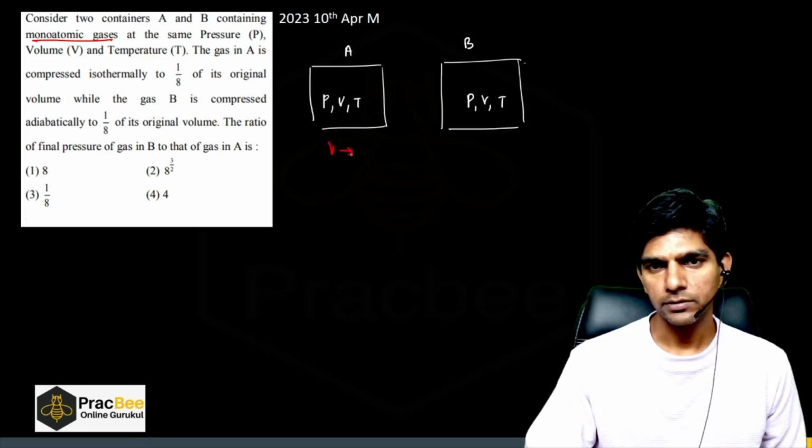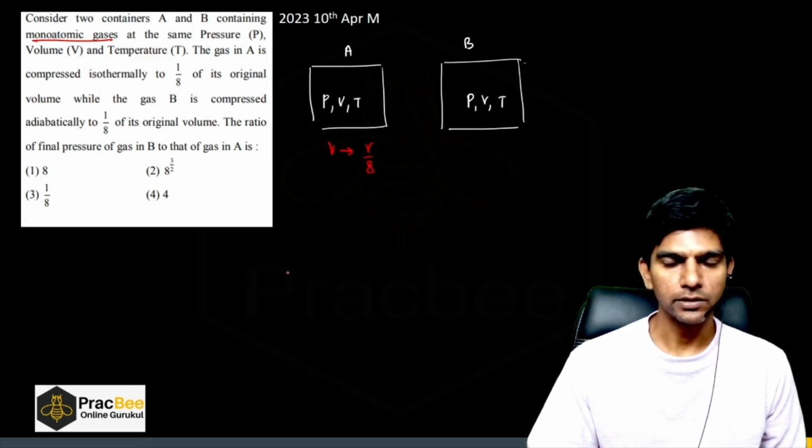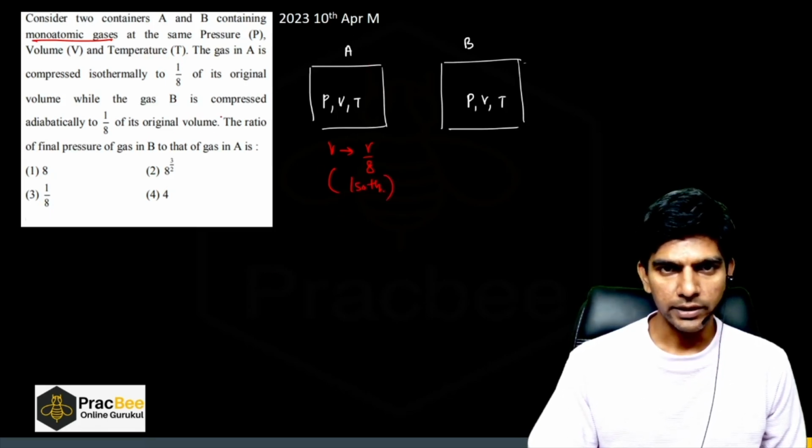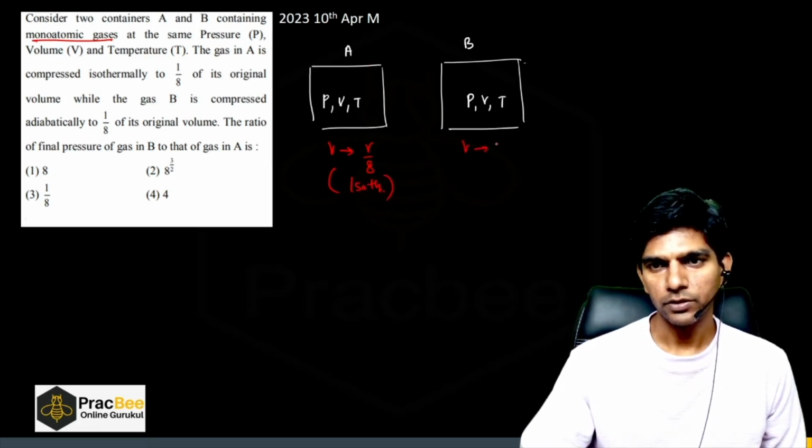So the volume has decreased and becomes 1/8 of its initial volume, and this process is isothermal in container A. In container B, the gas is compressed adiabatically, from V to V by 8.